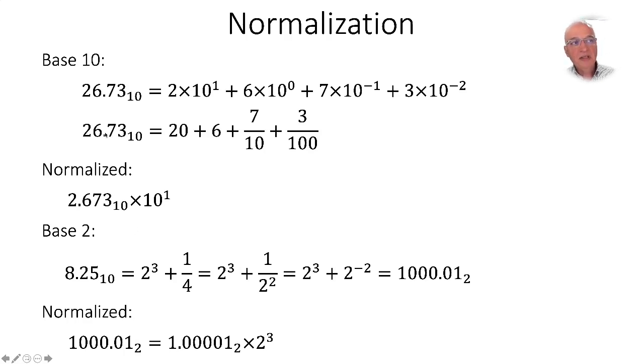In a similar way, in 26.73, I move the decimal period 1 position to the left, and I multiply by 10 to the 1. In the binary representation, I move the binary period 3 positions to the left, and I multiply by 2 to the 3. So this is the normalized representation of 8.25 base 10 when expressed in base 2.